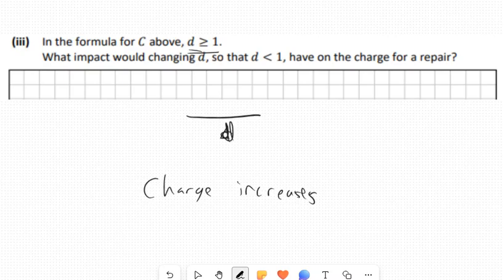You'd be dividing by a fraction then. So it would increase the overall charge rapidly, the more you decrease it. That's it. That's all for that question and for that paper.